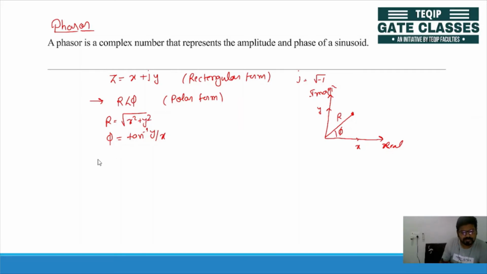We can also represent it in a trigonometric form, like r, that is the magnitude, cos phi plus j sin phi. Okay, this is trigonometric form.